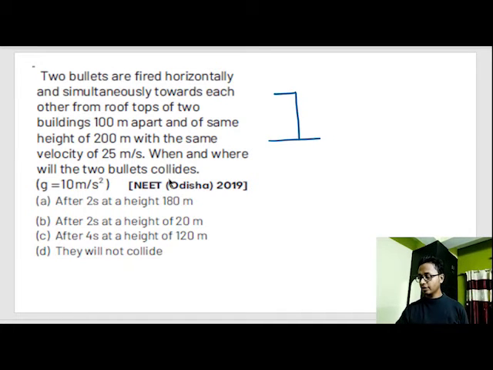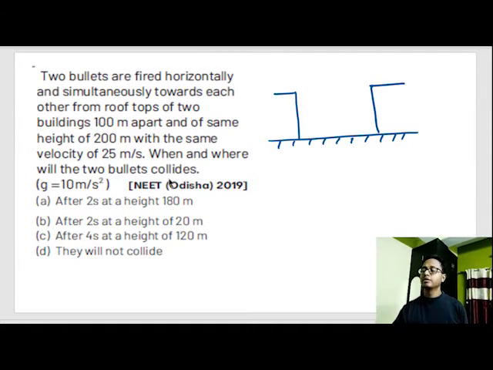60% of your question is decoding the question, that means understanding the question. The next 35% is remembering the formula or concept that you have to apply, and the remaining 5% is not performing silly errors.